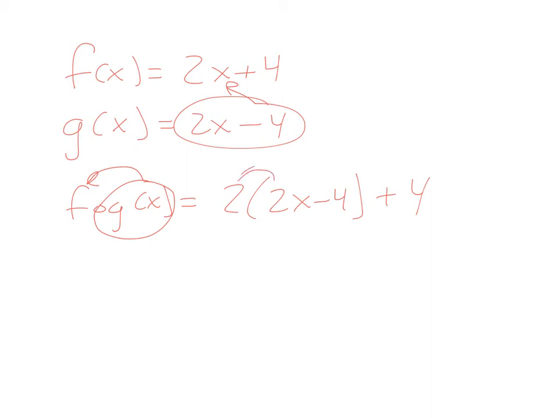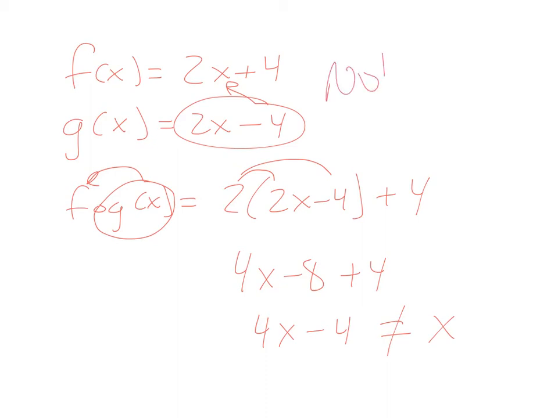So 2 times 2x and 2 times 4 would be 4x minus 8 plus 4. So 4x minus 4. And since that's as far as I can simplify, and that does not equal x, then we realize that these are not inverses of each other. And you don't even need to check the other one, because if the first one does not come out to be x, then you know they're not inverses.